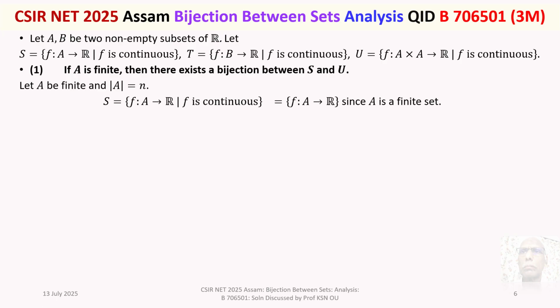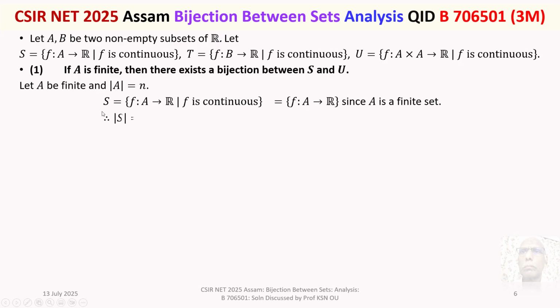Just now we have seen every real valued function defined on a finite set is continuous. Therefore, this set is precisely equal to the set of all functions f from A to R, where A is finite. Where A is finite, every real valued function defined on A is continuous. Therefore, they will have precisely the same sets.